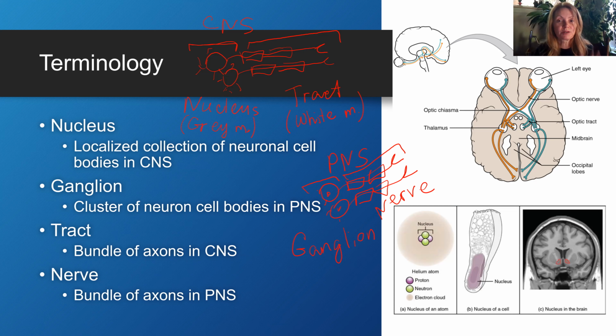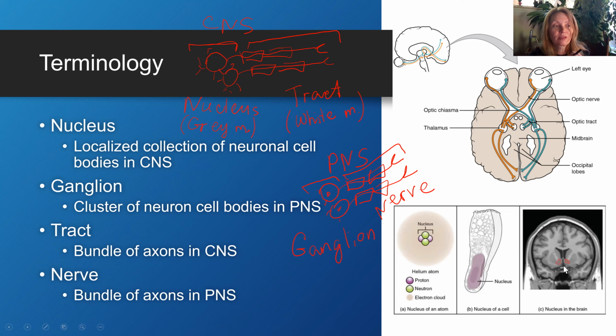This is pretty much basic stuff. Hopefully we now understand what nucleus, ganglion, tract, and nerve are. Nucleus and tract are in the CNS; ganglion and nerve are in the PNS. Do not confuse this nucleus with the nucleus of an atom or the nucleus of a cell. That's not the same.